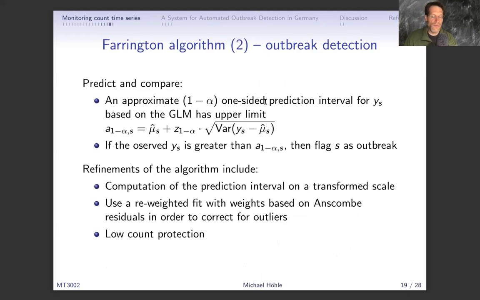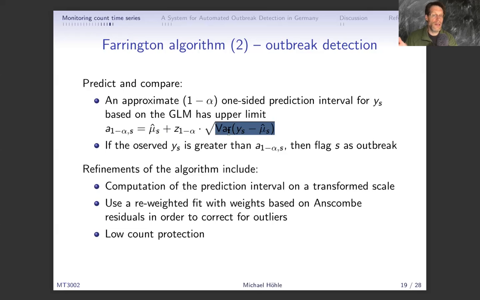So for the GLM, in very similar terms as before, we can formulate a prediction interval for a new observation. Again we will use the plug-in version. So it will be a mean plus whatever we want as limit of the one-sided prediction interval, and then the standard deviation of the ys minus its expectation.